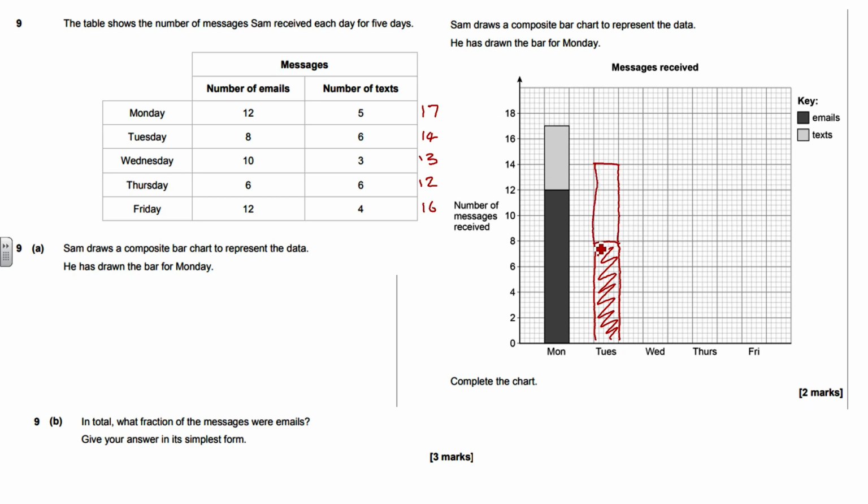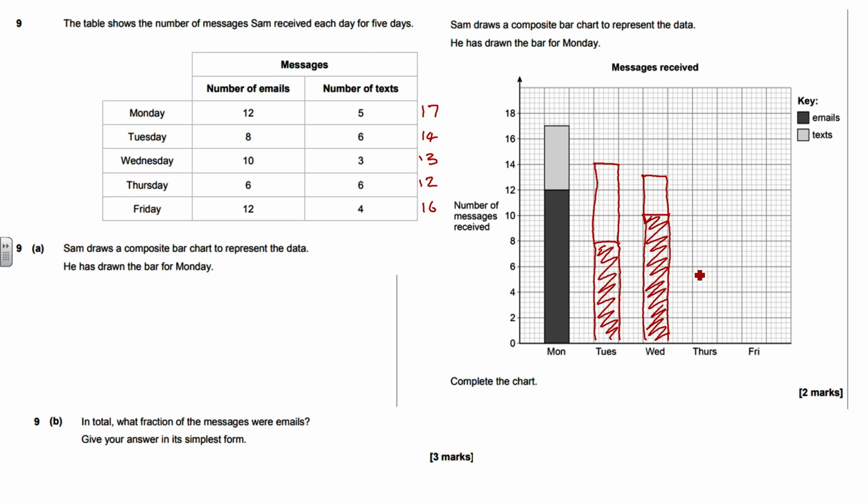Then we've got Wednesday, we need a bar which is 10 units tall to represent the emails. And we need a bar 3 units tall on top of that, taking us to 13 to represent the texts.